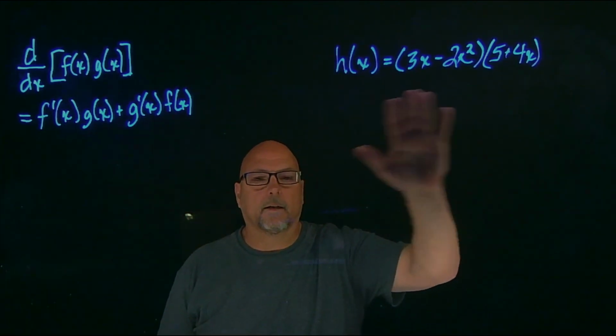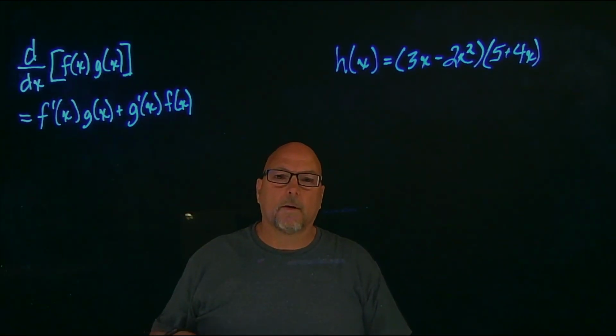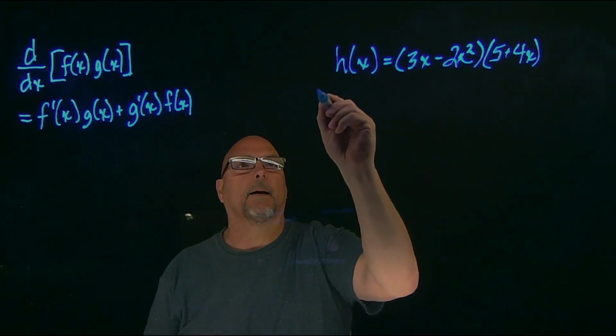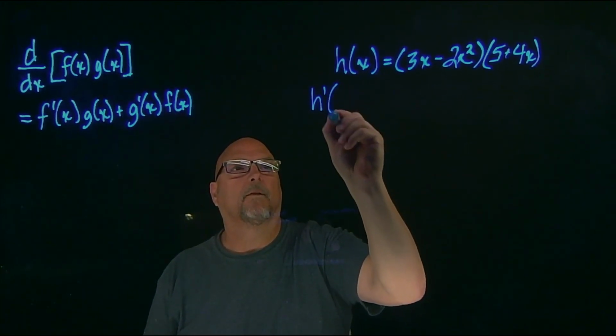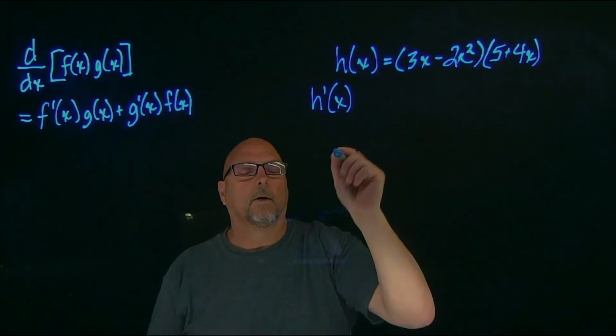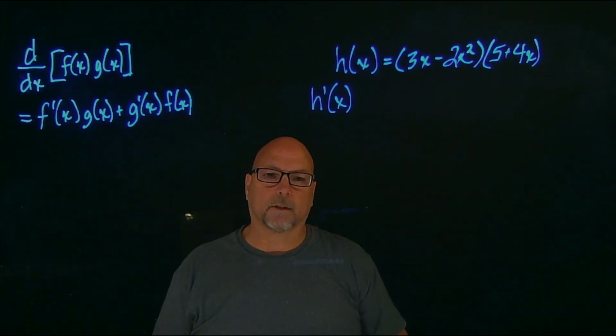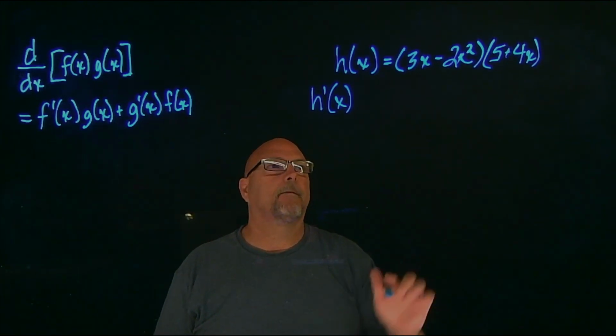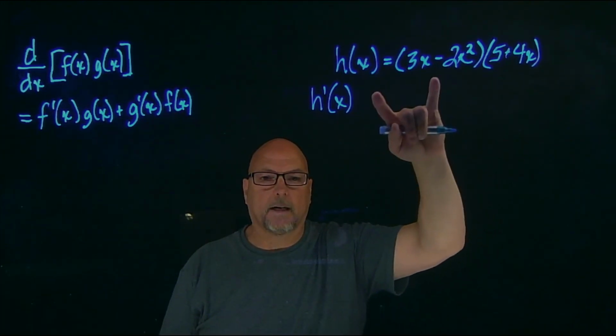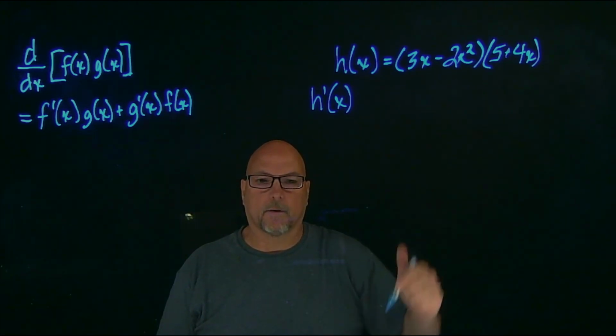So let's go ahead and look at the first example here. We want to know what is h prime of x. Would I have to use the product rule? Is a good question. Not if I multiplied this out. I could FOIL that out and then go term by term.